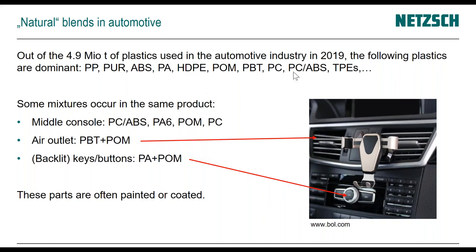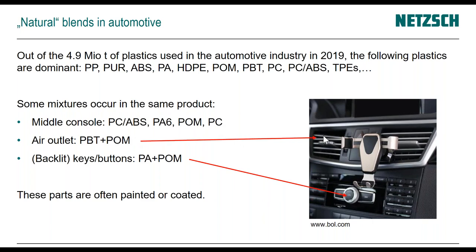So we use a lot of different materials in automotive, but we also have real mixtures happening, either because two components are combined with a snap fit, or they could be overmolded, and so we cannot non-destructively separate the two afterwards. So they're really combined, and that could be the case in the middle console, where we have a blend of polycarbonate ABS, which is very typical, a nylon, a POM, or polycarbonate.